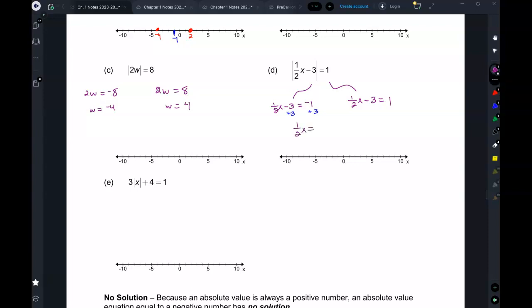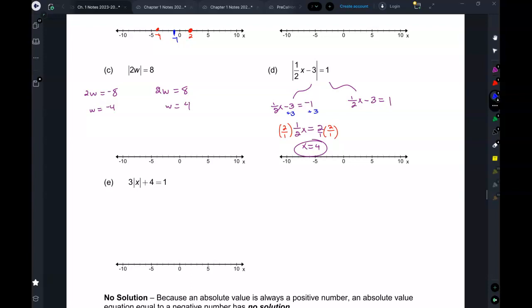Half x equals 2. Now what do I multiply by? Right, I multiply by 2 over 1, 2 over 1. So x is 4.